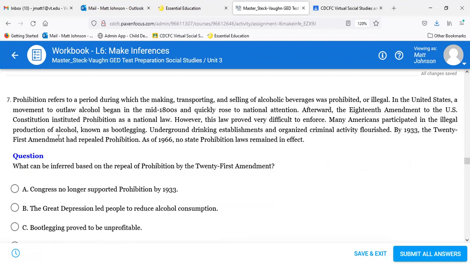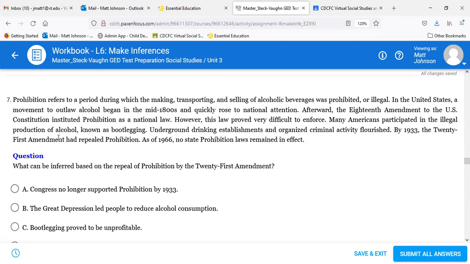It's one of those times that the government did something that was extremely unpopular with a large part of the population, so much so that alcohol production never really stopped. You had these underground establishments, you had speakeasies, which were basically secret bars that people would go to.